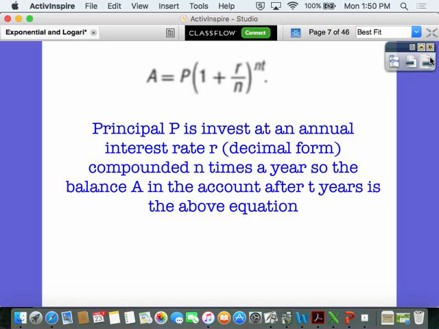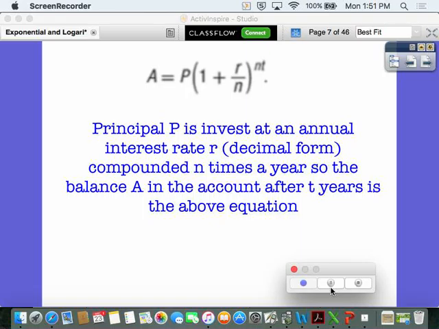Your interest rate is always given as a percentage, so you want to convert it into a decimal. N represents the number of times it got compounded in a year, meaning it got compounded monthly, quarterly, semi-annually, daily, like it actually says in the problem. And then t represents the years. A represents the balance, the final amount after a certain number of years. This formula looks familiar though, right?